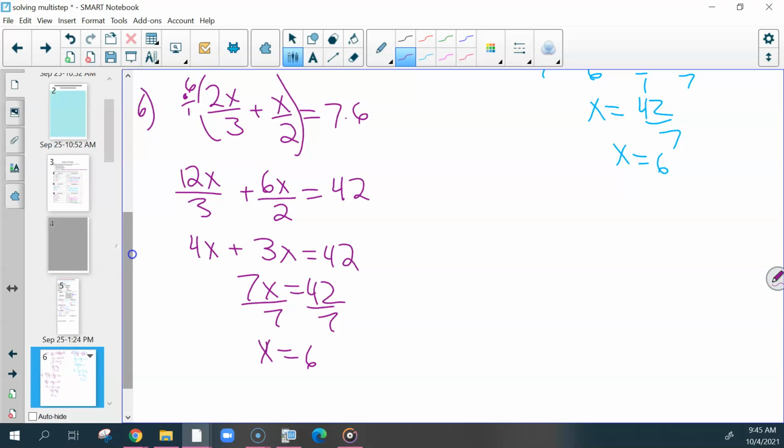This person put both of those methods on the board right there if you miss any of those steps. So the first way was dealing with the fractions. The second way was getting rid of those fractions. If you get a problem like this, choose which one you like and do it that way.